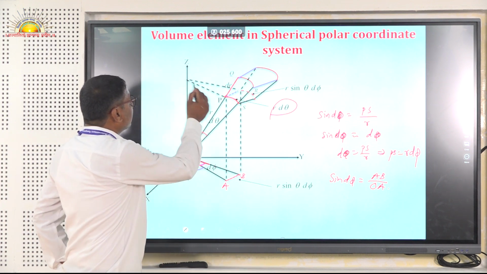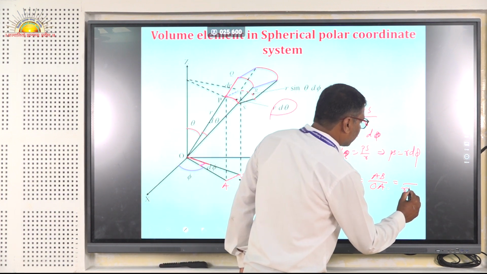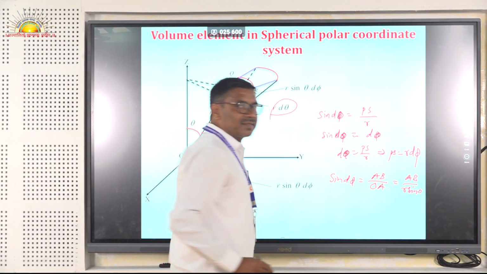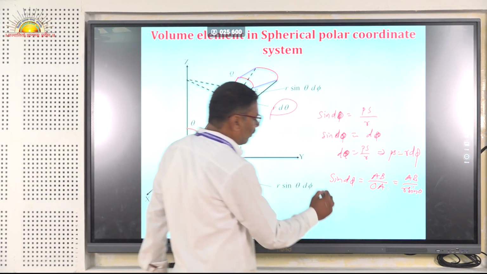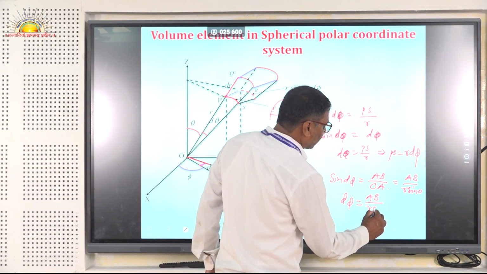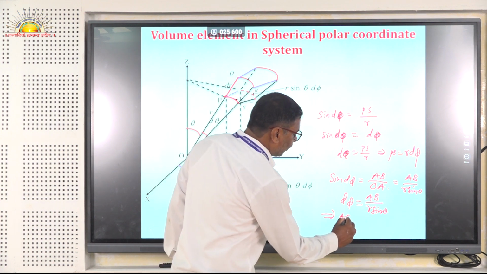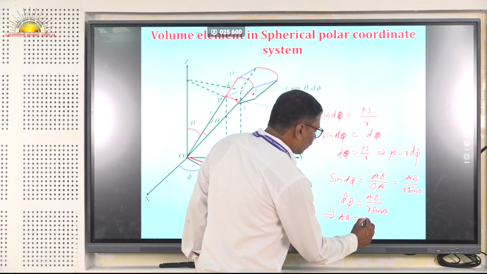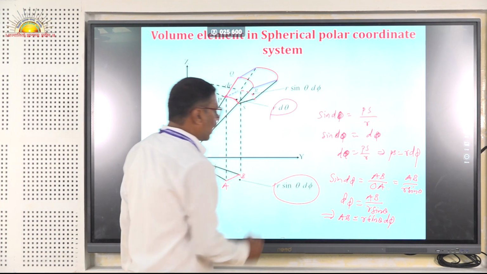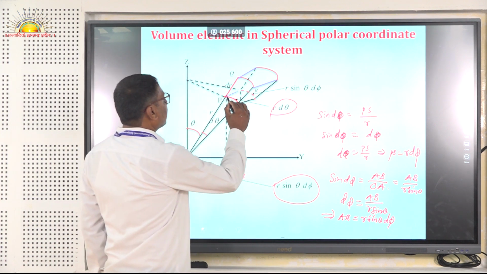But this OA is nothing but ZP, which is R sine theta, and this one is AB. As d phi is very small, sine of d phi is nearly equal to d phi, which is equal to AB over R sine theta. This implies AB is equal to R sine theta d phi. This is arc AB.